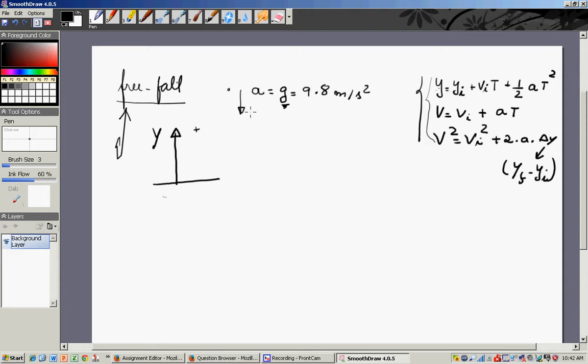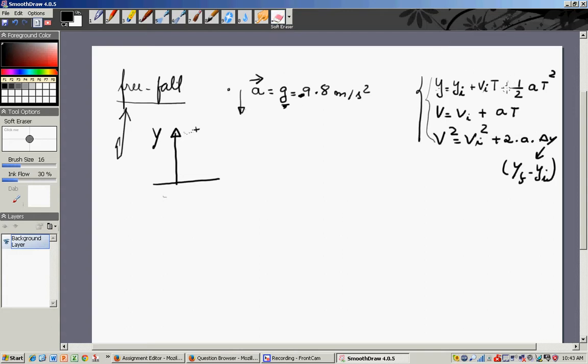Now look at this. Your acceleration vector points downward, which is a direction that opposes the one I'm calling positive, meaning your acceleration vector will carry a negative sign.